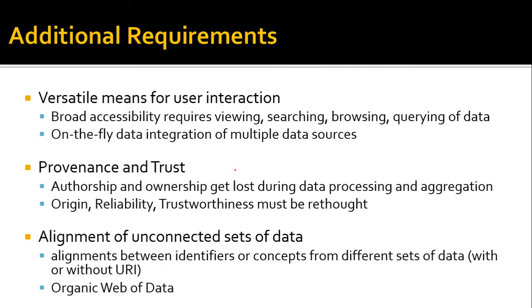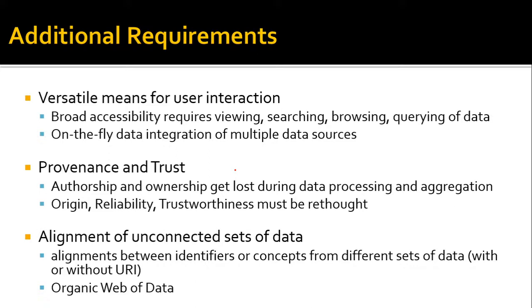Now, you have multiple data sets, and as this data is produced in a distributed way, you can have different or the same entity description in different places, though these data sets may cover different aspects of the entity. It would be better if you can find alignment from one data item to another data item.